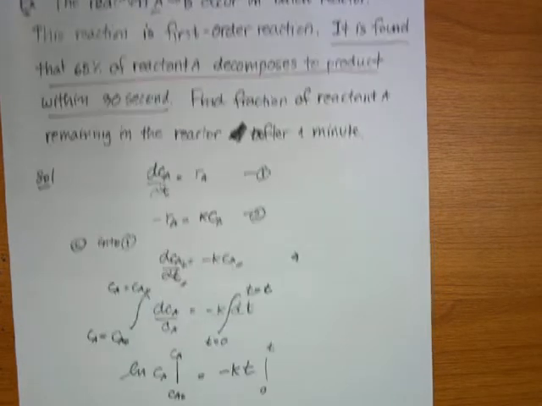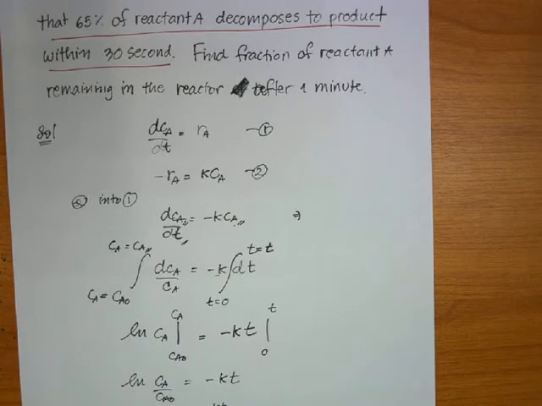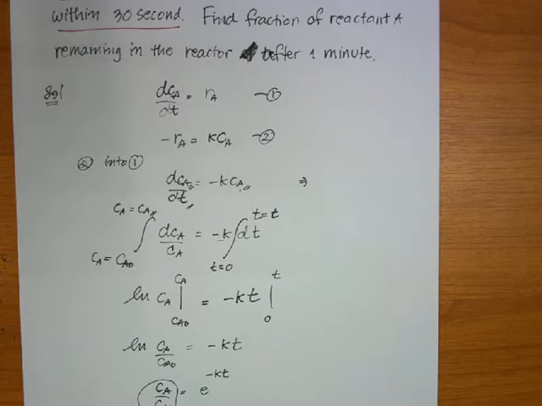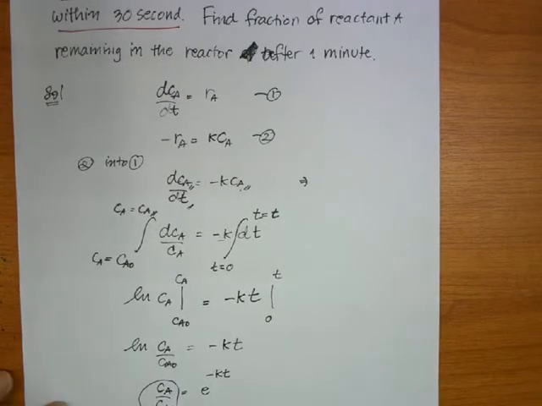So that means they tell you that 0.35 is still in the reactor at 30 seconds. Now, can you find the value of k?